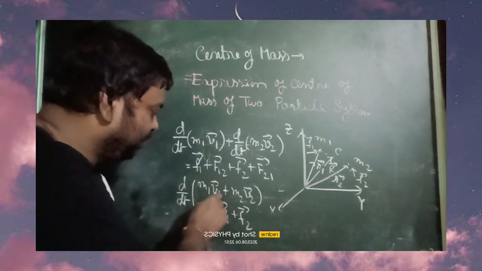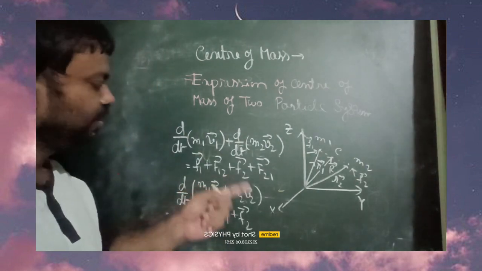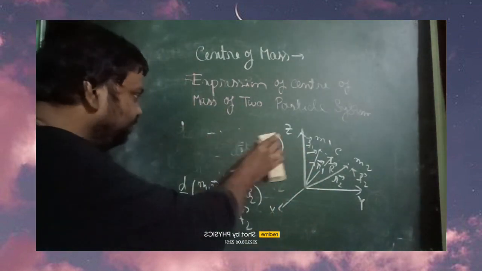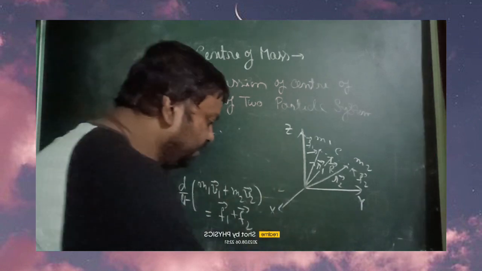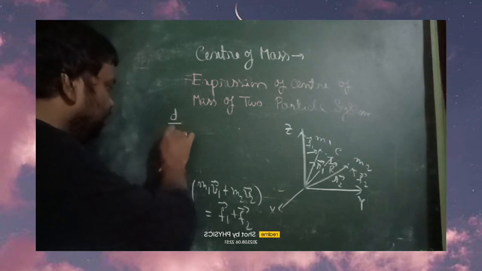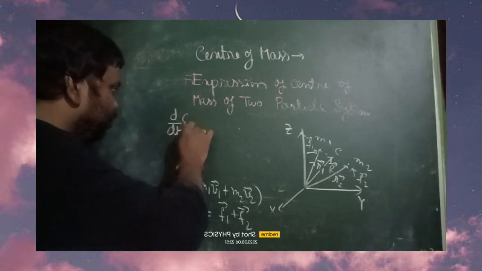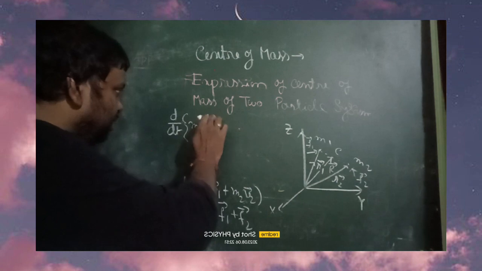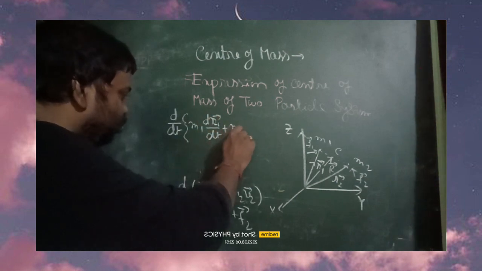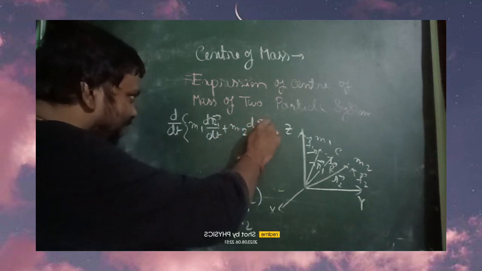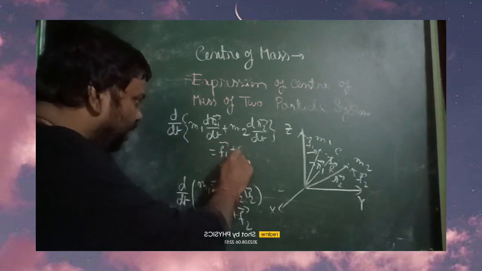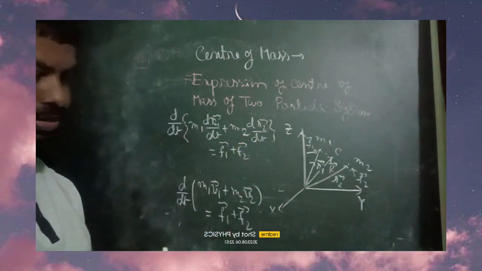if we consider that v1 is d r1 by dt, now putting it in and moving to the next line, we have d/dt of m1 times d r1 by dt plus m2 times d r2 by dt, that is equal to F1 vector plus F2 vector.